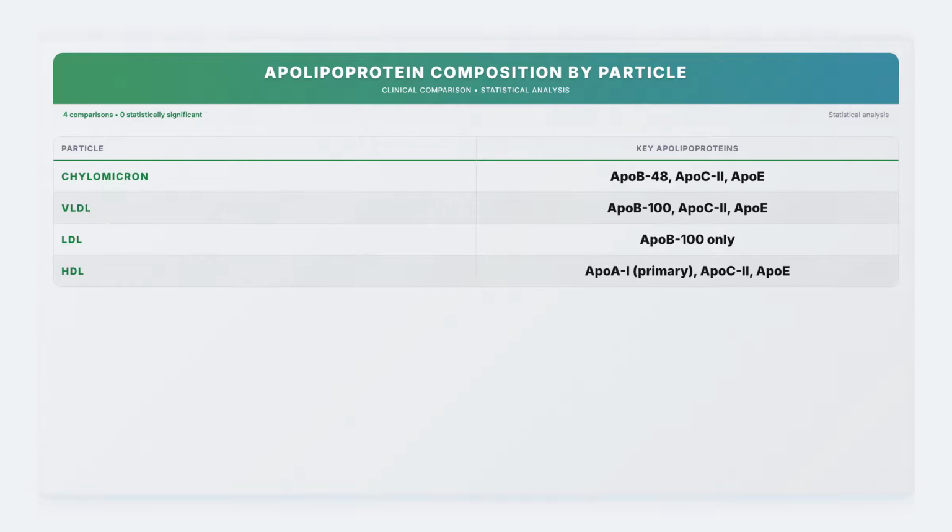Line up which apolipoprotein sits on which particle, and the whole system becomes far more predictable. Chylomicrons carry ApoB-48, ApoC-II, and ApoE. VLDL and LDL carry ApoB-100, and HDL carries ApoA-I as its signature protein.